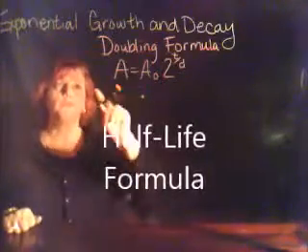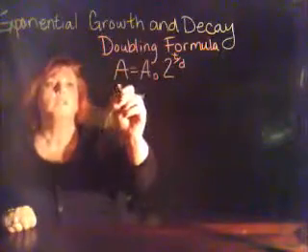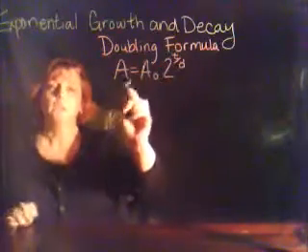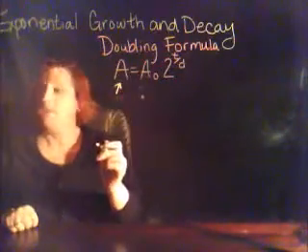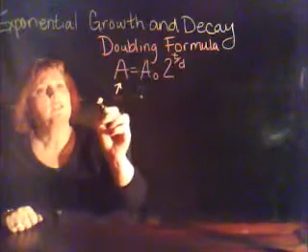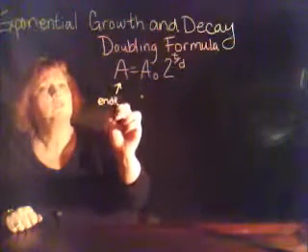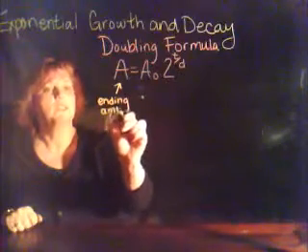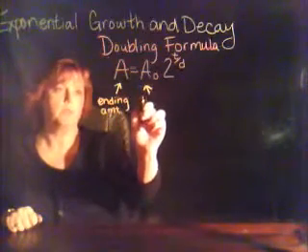The shortcut formula for doubling is A equals A sub 0 times 2 raised to t over d. So this one, the A all by itself, is our ending amount. And our A sub 0 is our initial amount.